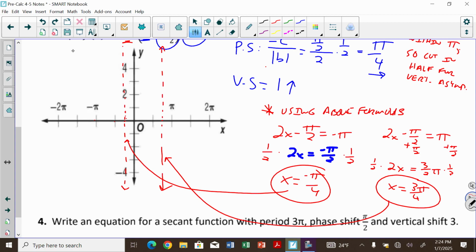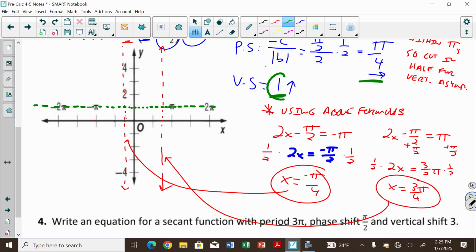But to graph it, I think the easiest way is to use the reciprocal one, the sine, right? So for the sine function, remember, we've got a vertical shift and a phase shift of pi over 4. Our vertical shift means that we're going to go up one. So we're going to have a midline going through 1, because usually the midline is 0, the x-axis.